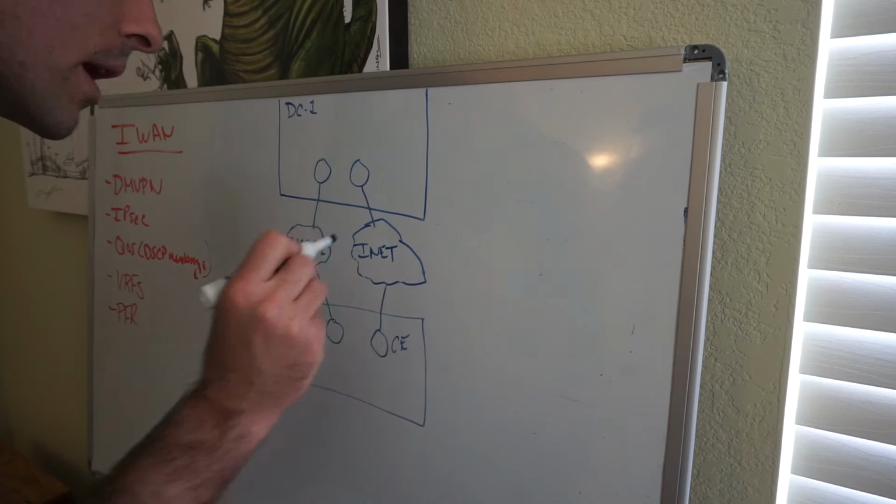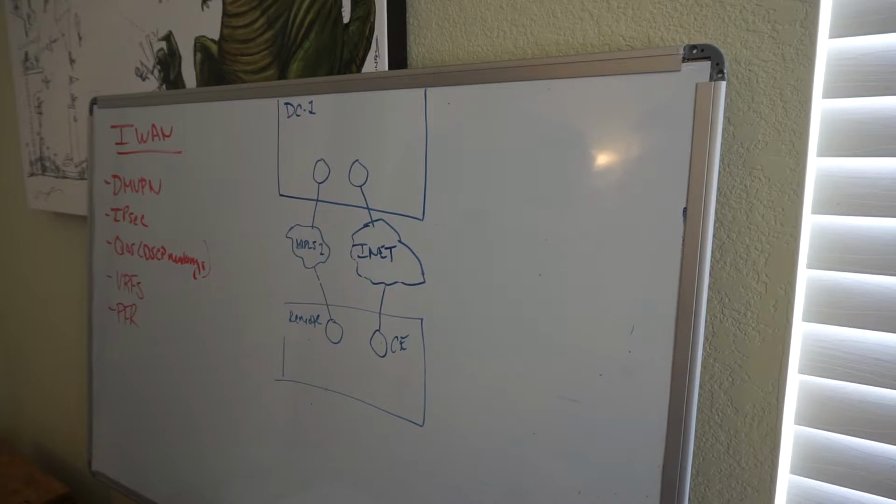Now what does INET mean? INET is going to be your commercial internet. What are the benefits of using a commercial internet versus an MPLS? It's probably a lot less expensive. I've seen T1 connections for hundreds of dollars, whereas you can get a 50 meg down, 10 megabits per second up for under $100 for a commercial business class internet connection.